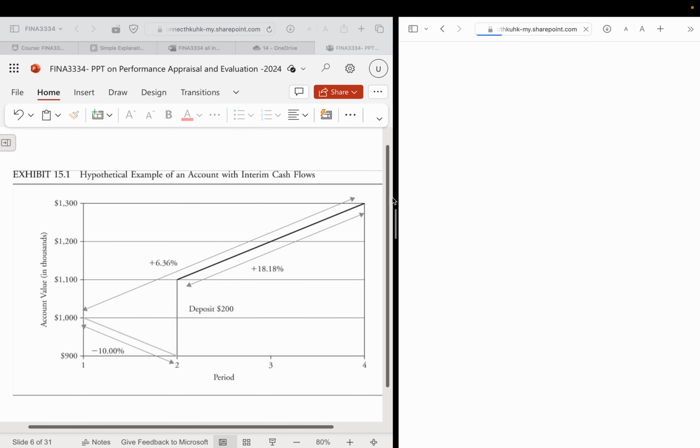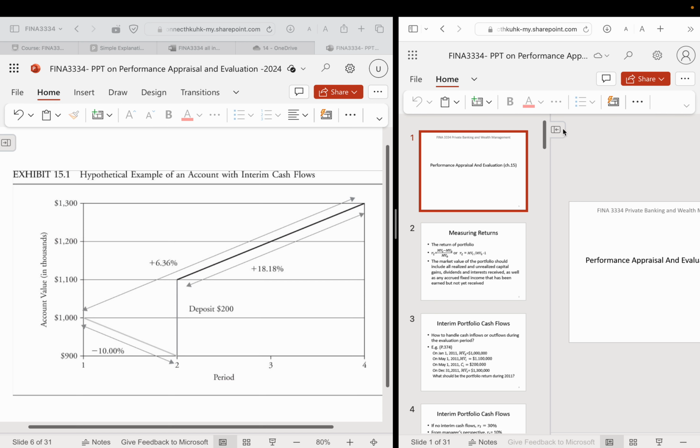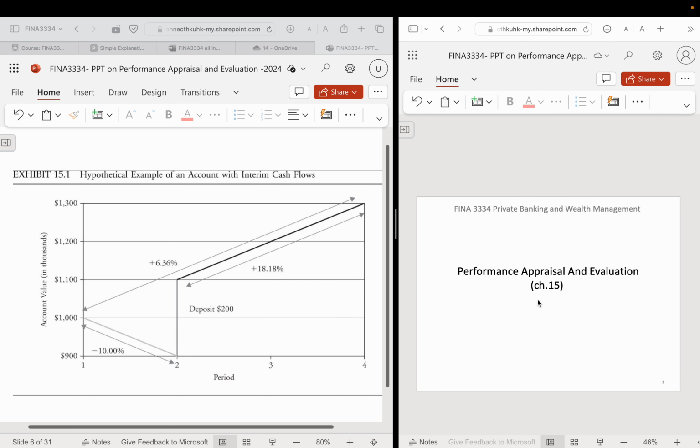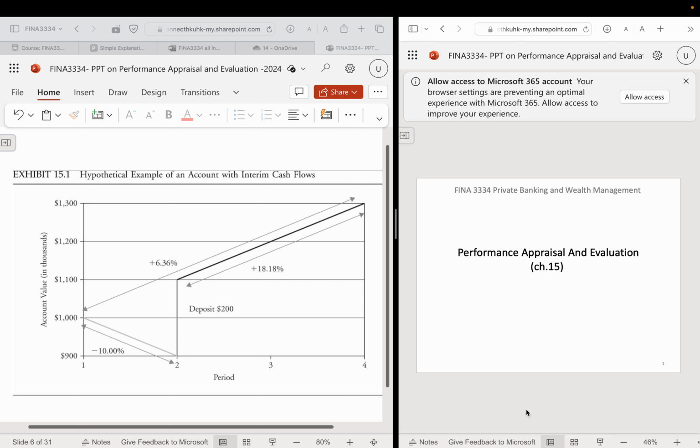So which is correct? Should it be 8.84 or 6.36? What do you think? Which one is correct? If this is an exam and I ask what's the return of the manager, 8.84 or 6.36?